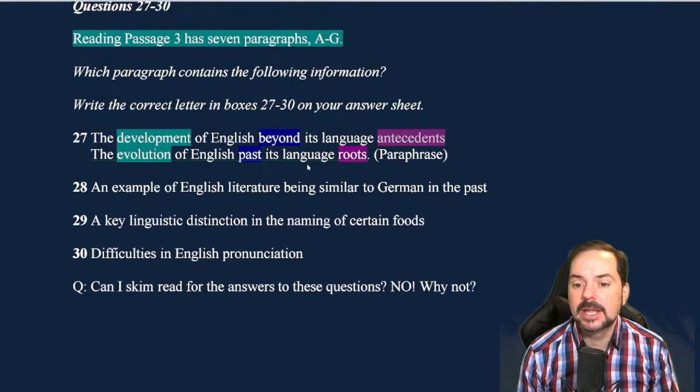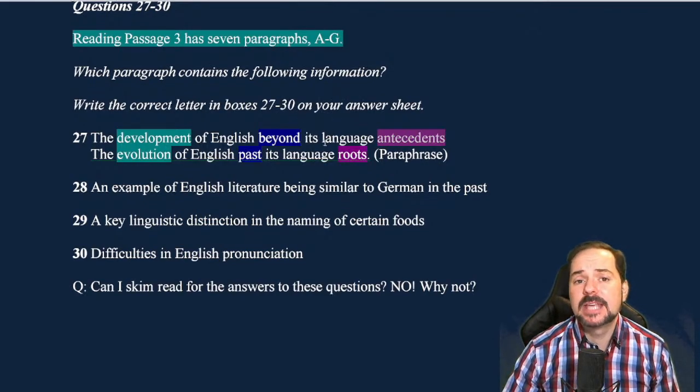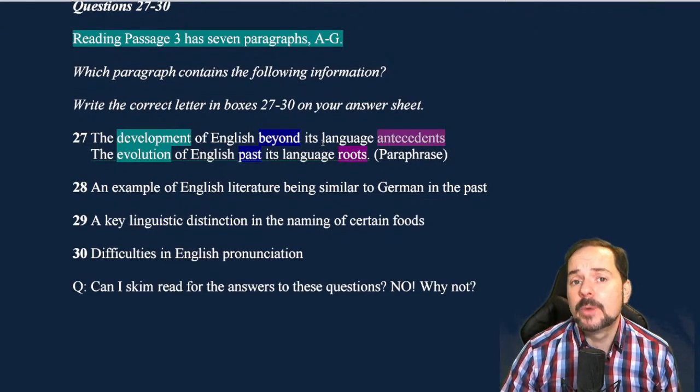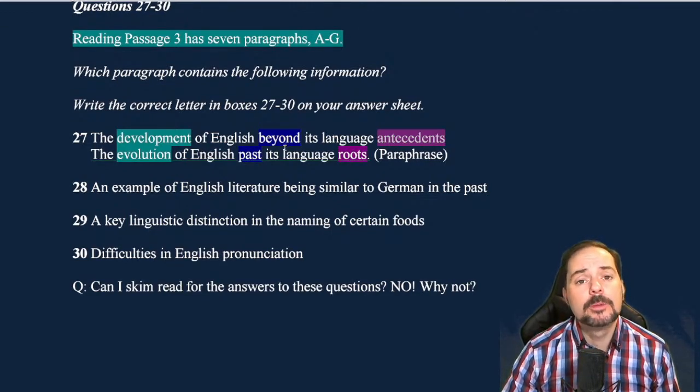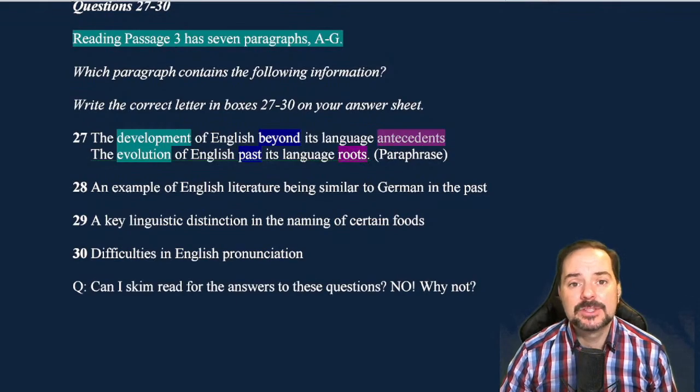All right, now guess what? Going back to what I said at the beginning about how the examiners make passage 3 more difficult than passage 1, this is another way that they can do that, okay? They can use more paraphrasing, and they can make it much, much more difficult to skim or scan for answers.